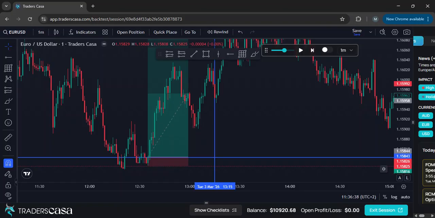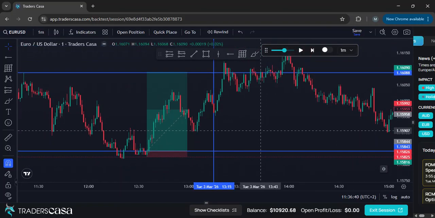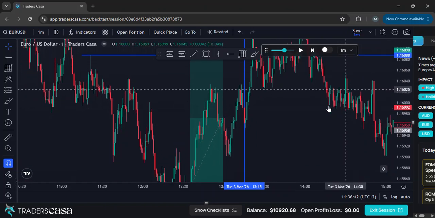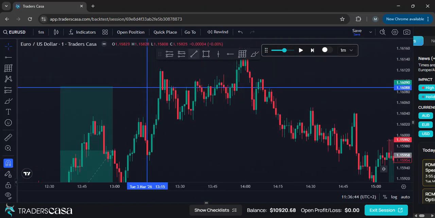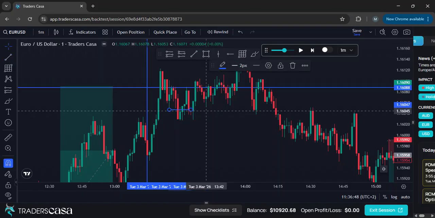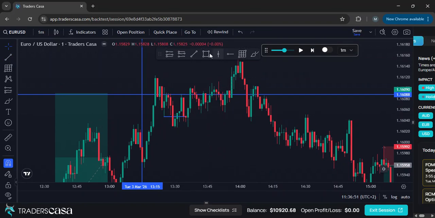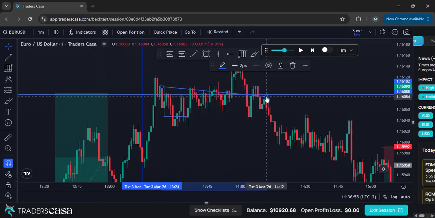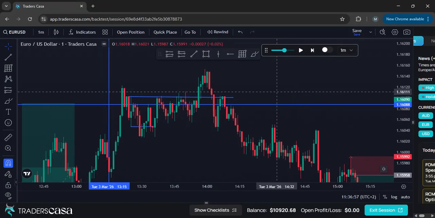We waited and we swept the 15 high up here. Now we broke structure here, or change of character, and I was waiting for liquidity, so we swept this high here, but we didn't get any entry. We broke down, retraced.